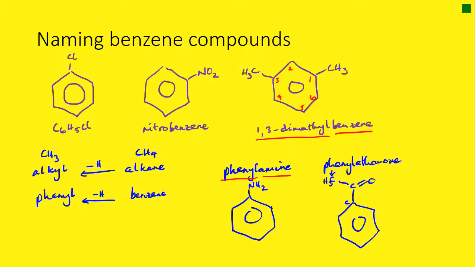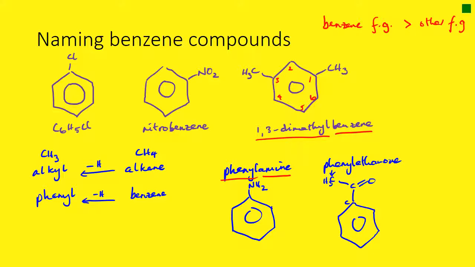The rule of thumb is that when the benzene functional group is more important than the other functional group, then we call it something benzene.